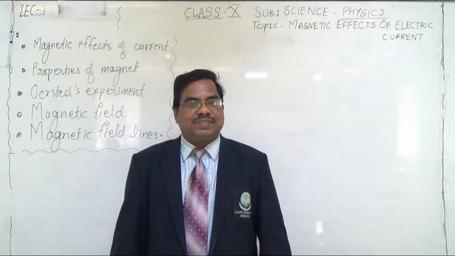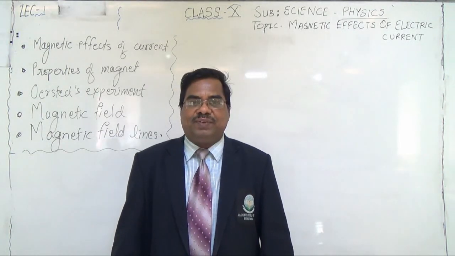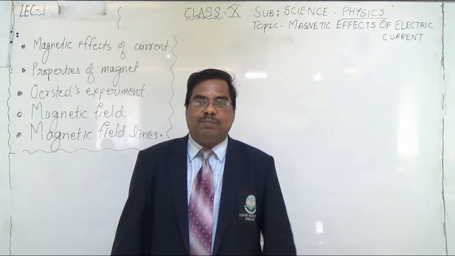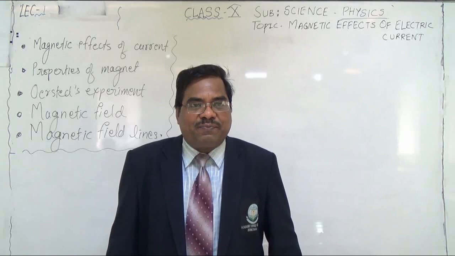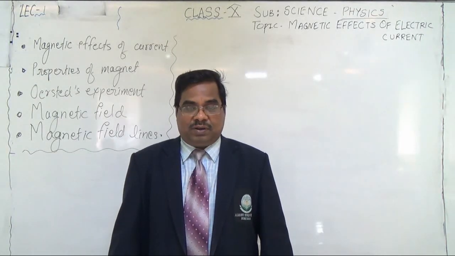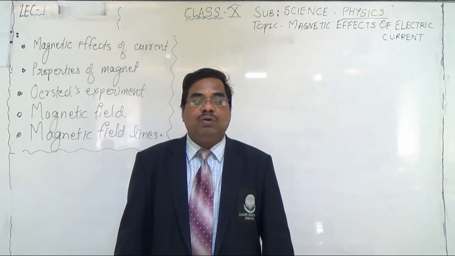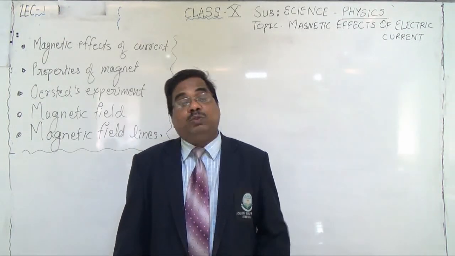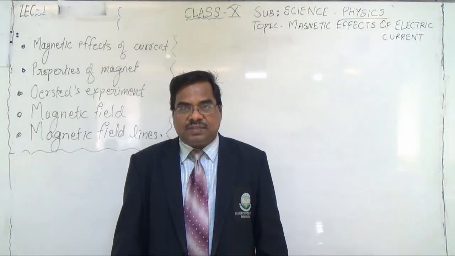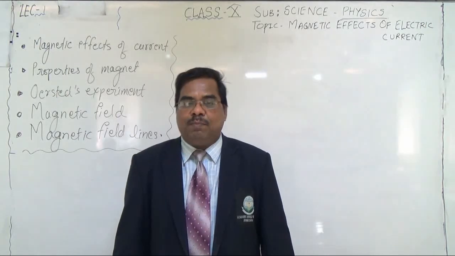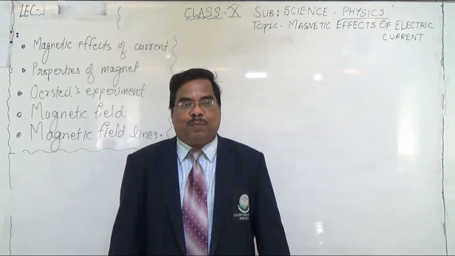So as the chapter says, magnetic effects, that means surely the current must be having some effects which resemble the magnets. Now first of all, we should know what properties magnets have. See, when we say somebody has a property like him, that means we know what the property is.